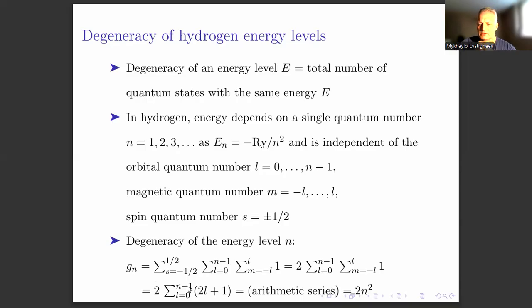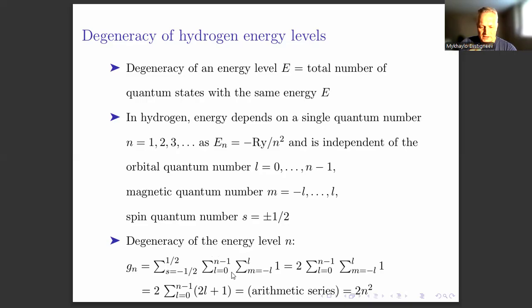And it is given by the sum over all those three quantum numbers that we have: orbital, spin, magnetic. So the spin quantum number can assume the values negative 1/2, positive 1/2. So this sum has only two terms.